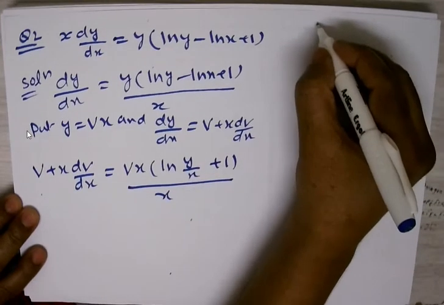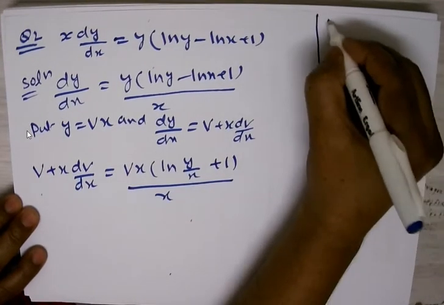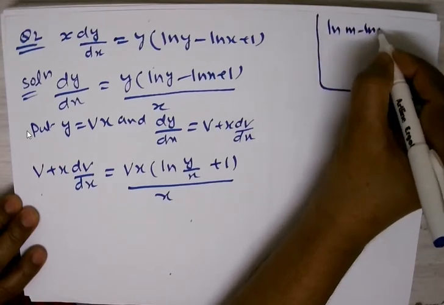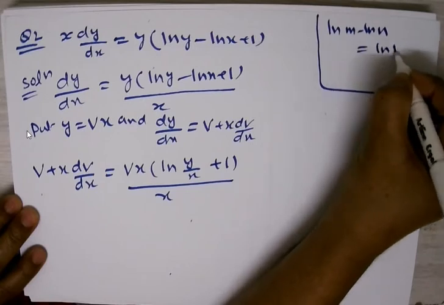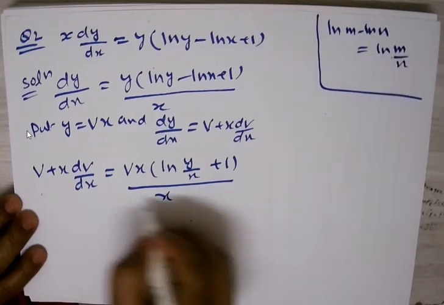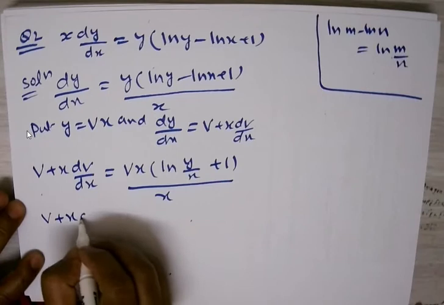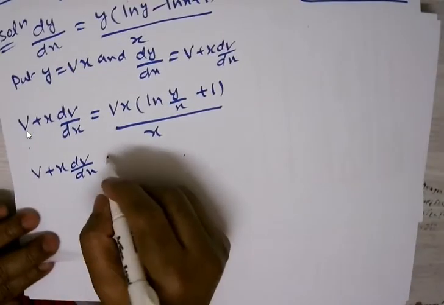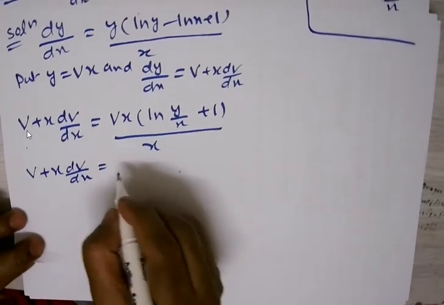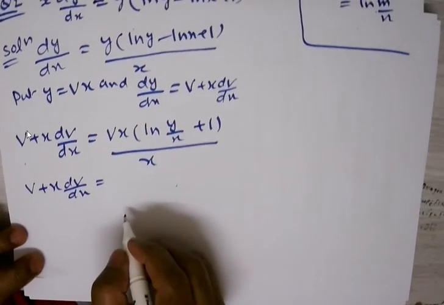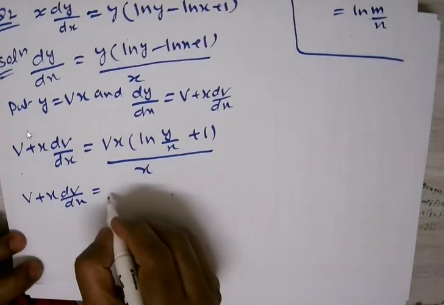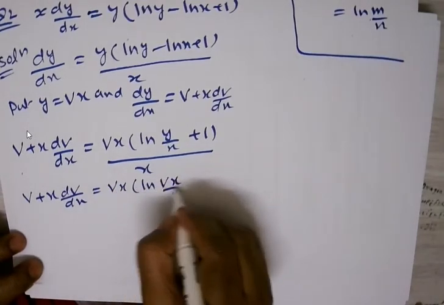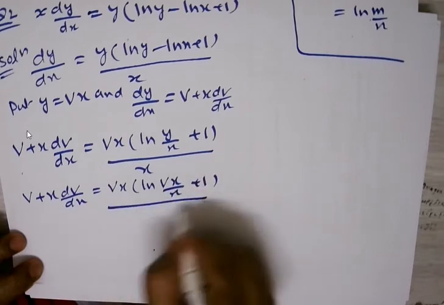What is that rule? There is a rule that ln of m minus ln of n is equal to ln of m by n. Now v plus x dv/dx is equal to vx into (ln v plus 1) divided by x.